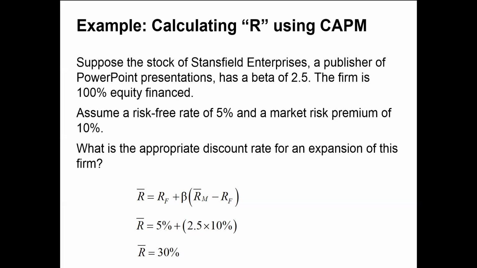So it might be inaccurate if you use a very different beta or a different market risk premium. That is the disadvantage of this approach, right? So we need to understand what the advantages and disadvantages of this CAPM approach are, right?